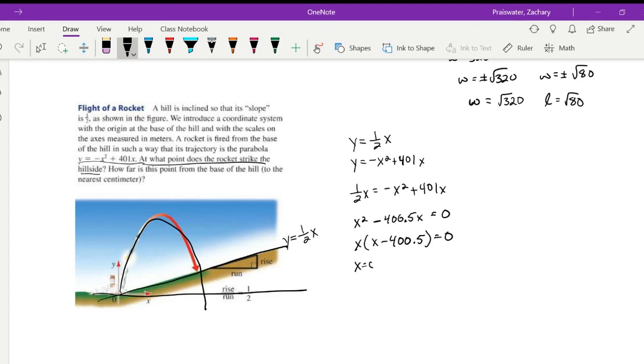And so x is equal to 0, which is when it takes off. And then x is equal to 400.5. So that is this value here.